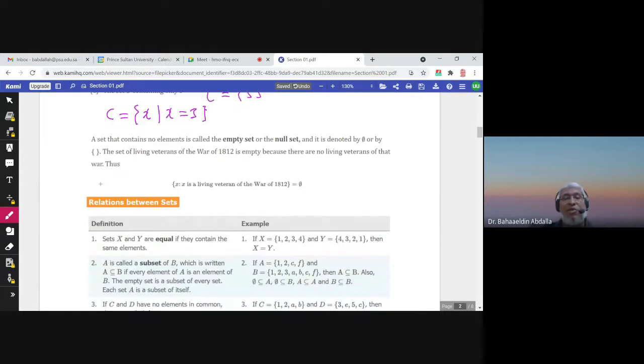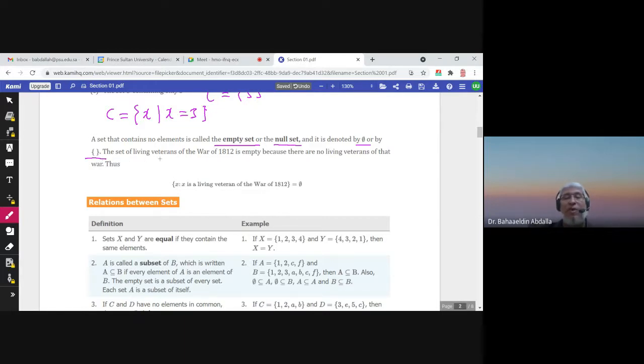A set that contains no elements is called the empty set or the null set. The empty set has no elements, and we denote it by this symbol, which we read phi. This is the Greek letter phi, or we can write two braces without anything inside them.